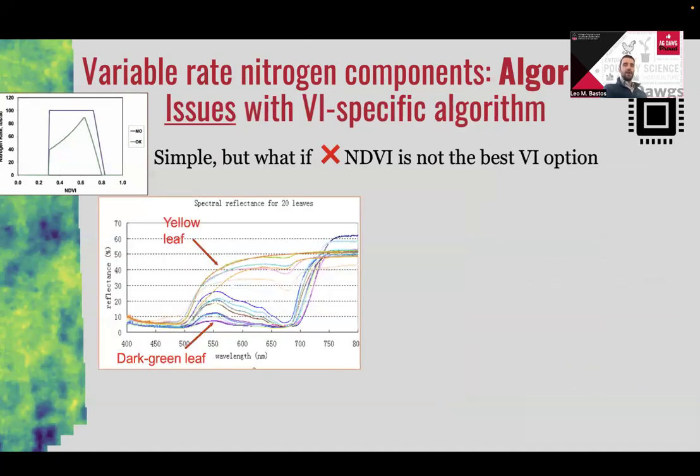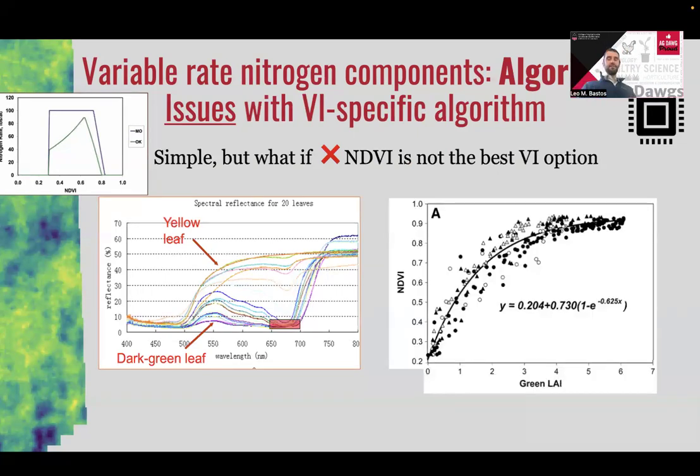So one issue with these algorithms that were developed to work specifically with a given vegetation index is, what if that vegetation index is not the best choice? If you're working with cotton or corn, there's going to be a point in the growing season that your red band is going to saturate.